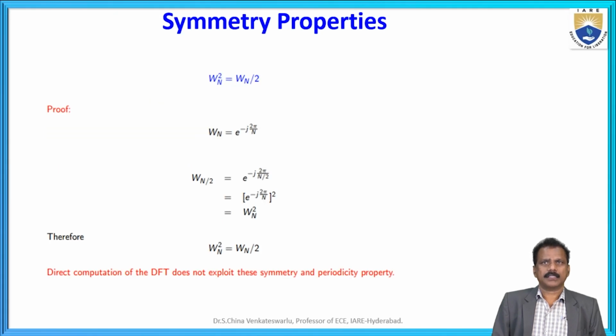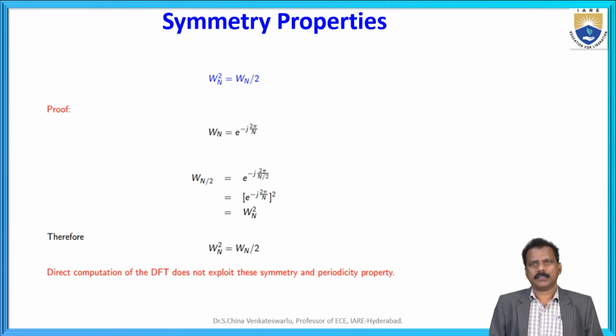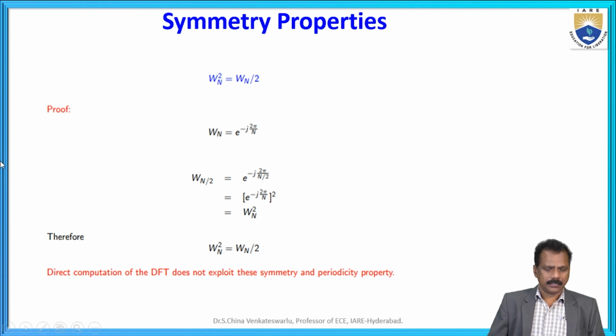Next, symmetry property. Here, Wn square is equal to Wn by 2, where Wn is equal to e power minus j 2 pi by N, and Wn by 2 is equal to e power minus j 2 pi by capital N by 2.